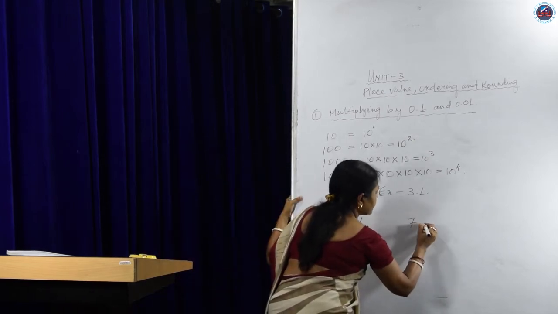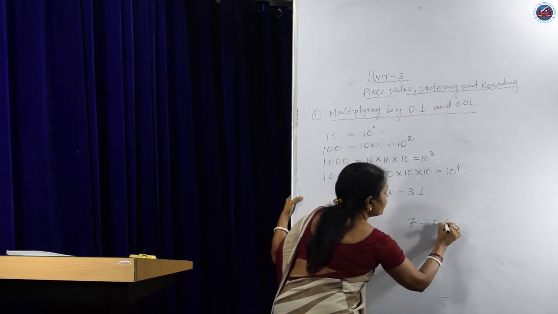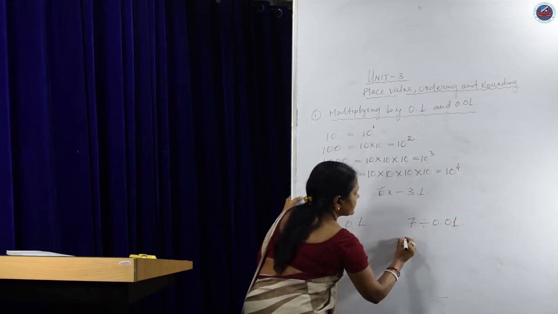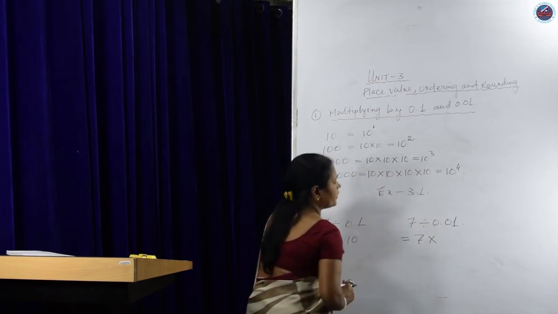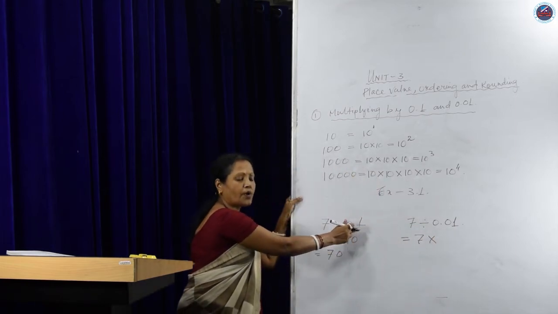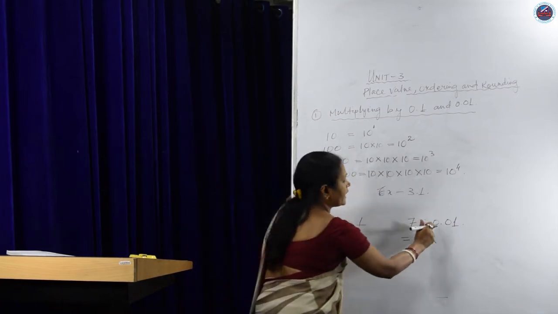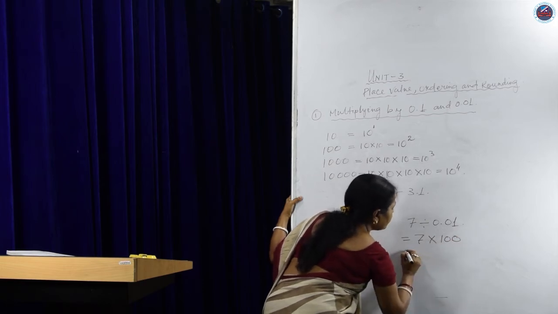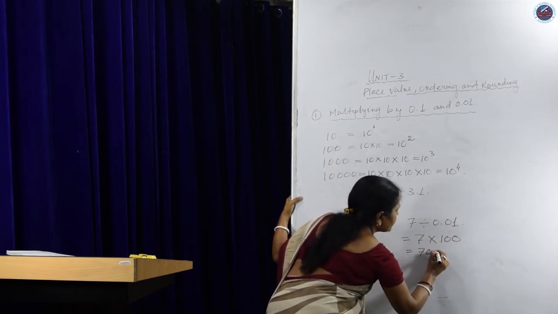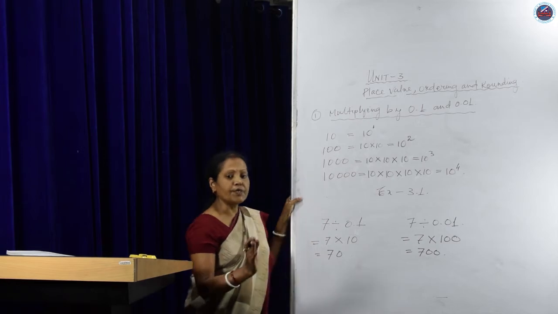Another example is 7 divided by 0.01, which is the same as multiplying the number by, in the case of 0.1 it was 10, but in the case of 0.01 it will be 100. So 7 into 100 is how much? 700. It's so easy, see.